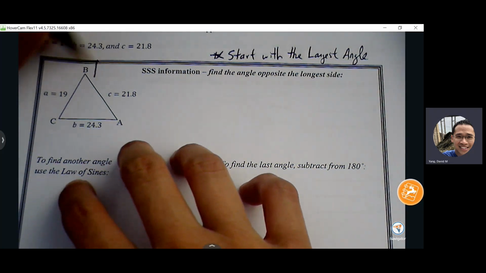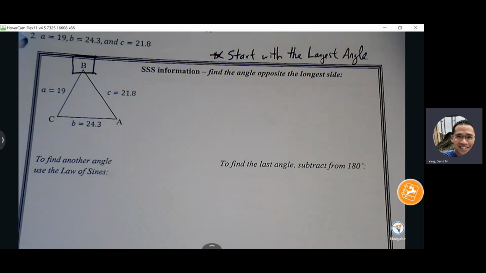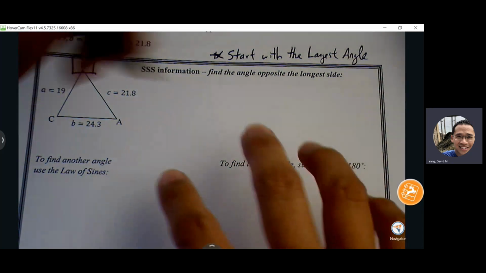Angle B. So put a box around B, and you want to choose the formula with angle B in it. Everybody good so far? Okay, strategy for side side side: start with the largest angle. Angle B is the second formula, so I'm going to copy that formula down.